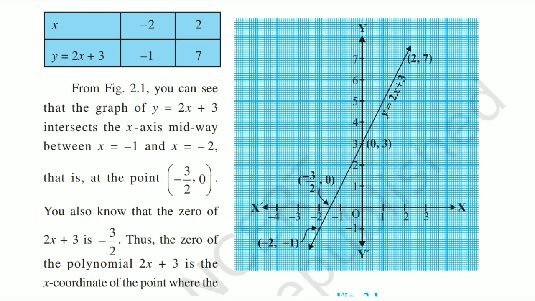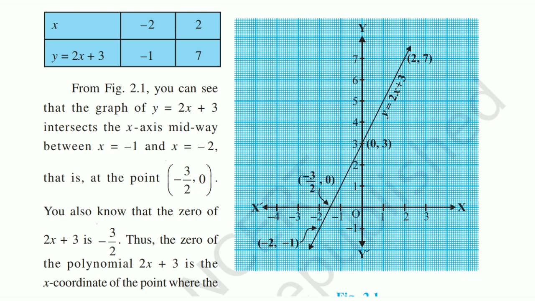Look at the picture on the screen. It shows a graph of a linear equation y is equal to 2x plus 3. If you take these values in a tabular column which is given on the screen, we get two coordinate points.